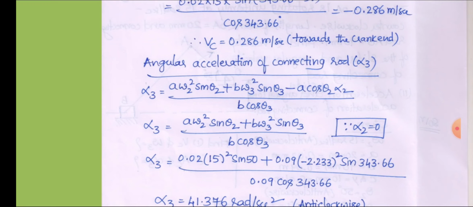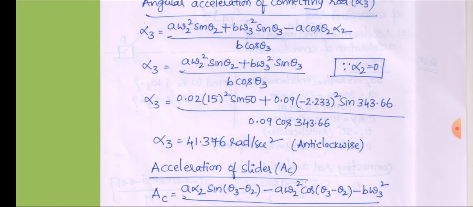Thereby alpha 3 is equal to a omega 2 square into sin theta 2 plus b omega 3 square into sin theta 3, whole divided by b cos theta 3. So if I substitute all the values and simplify, I am going to get the alpha 3 value directly, a positive value, that is 41.376, that is alpha 3.